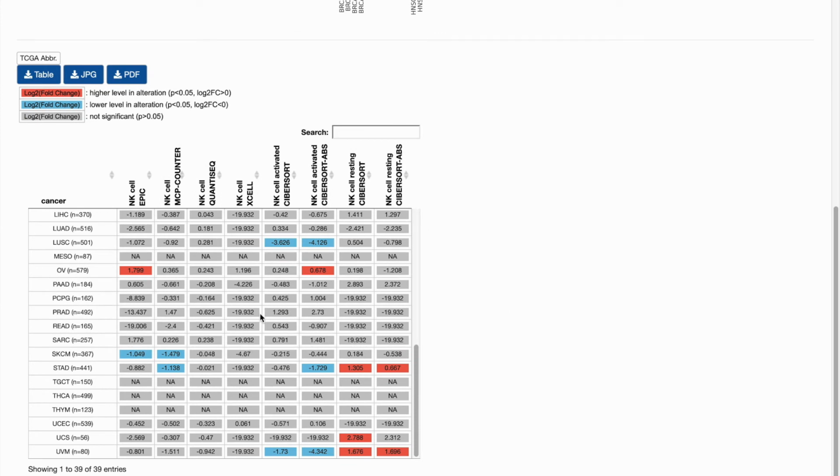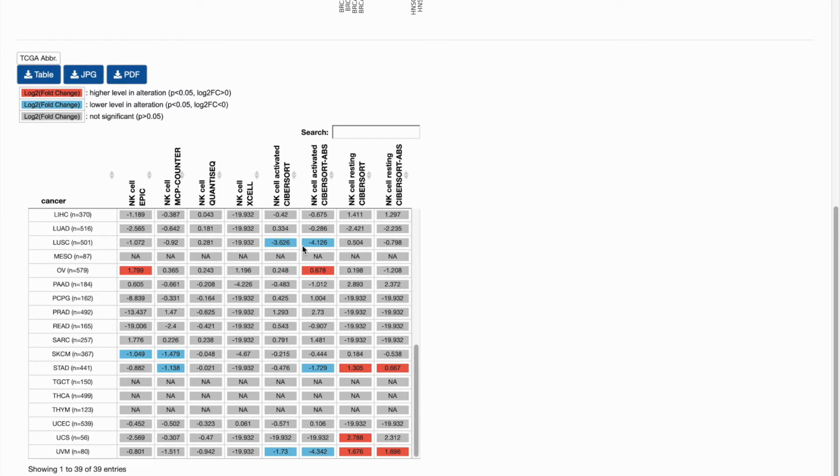Similar to the previous module, TIMER2 also outputs this heat map, and the difference is that the value in this heat map represents the log fold change of NK cell infiltration between the MYC-A amplified tumors and the MYC-A diploid tumors. And the red color here indicates a significantly high level of NK cell infiltration in MYC-A amplified tumors.